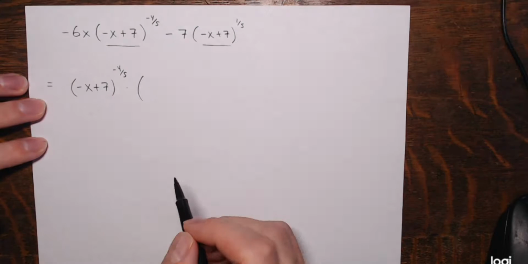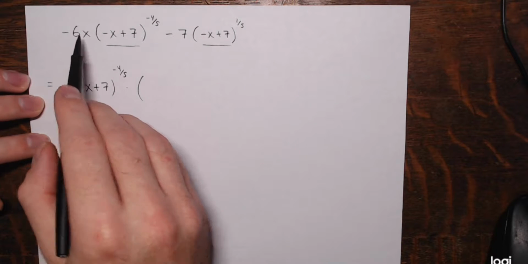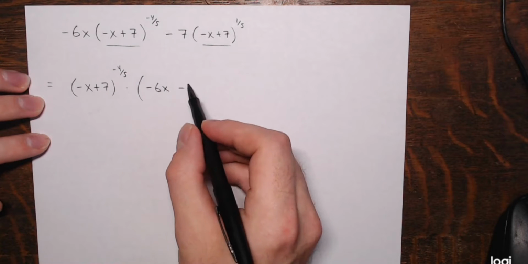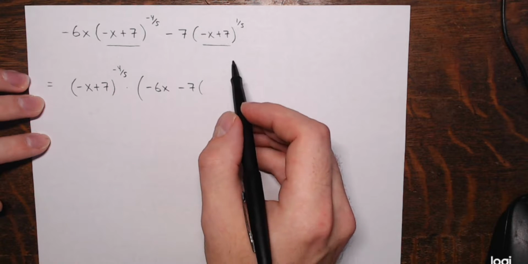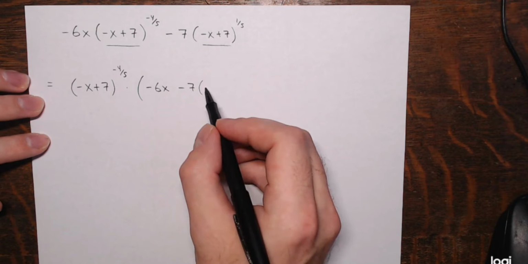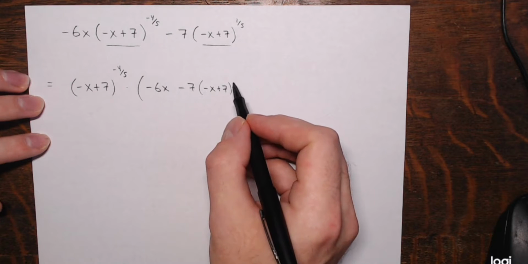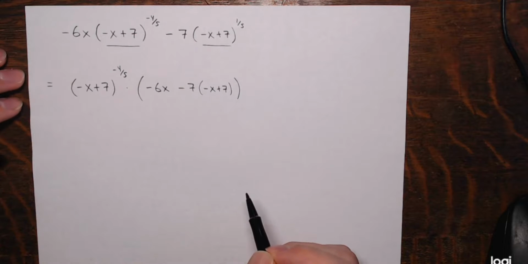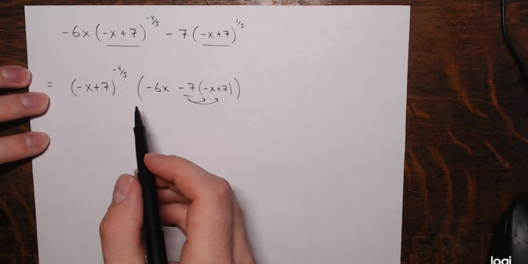times what? Now the first term, the first product, would have negative 6x left over. Then we have minus 7. And then, negative 4/5 plus 5/5 is 1/5, just like earlier. So I need negative x plus 7 to the 5/5 in here, which would just be negative x plus 7 to the first. Now I distribute this negative 7, and we simplify that second factor.